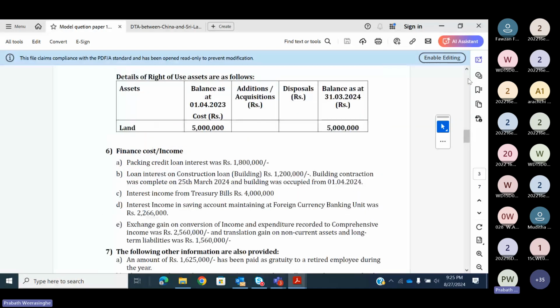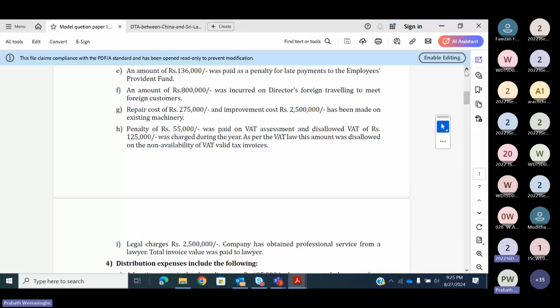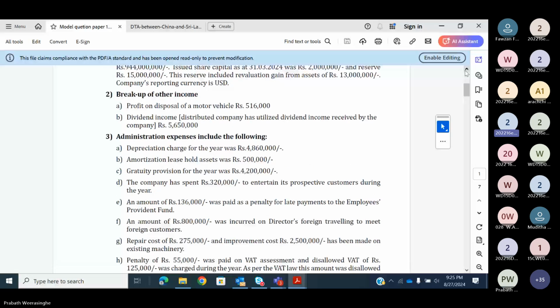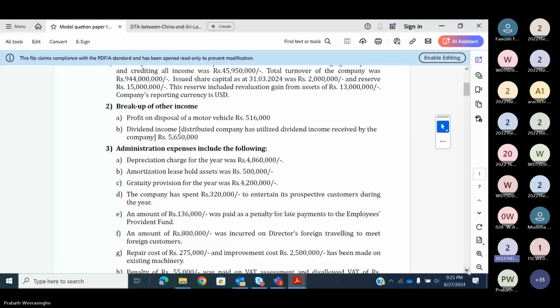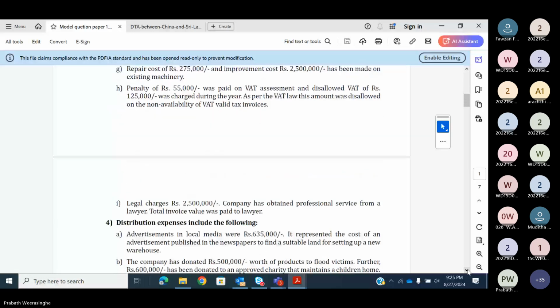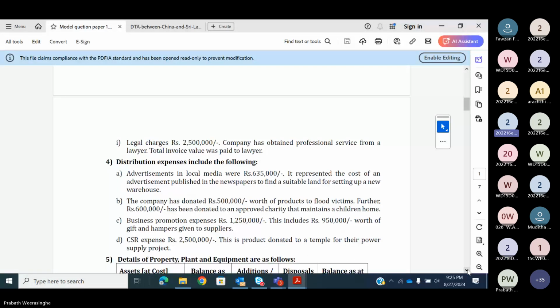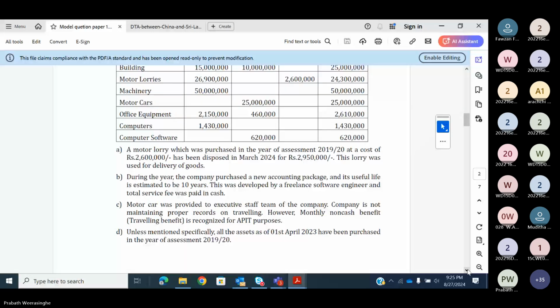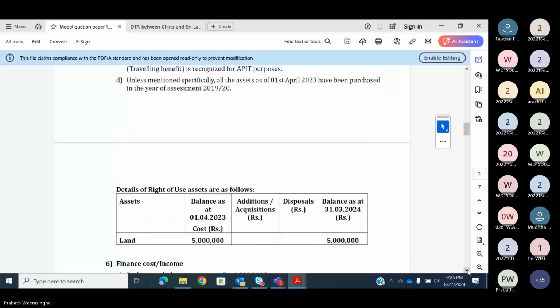No WHT on treasury. Treasury bill interest income is not subject to EIT WHT. In here, interest income from treasury bill, 4 million. No WHT.